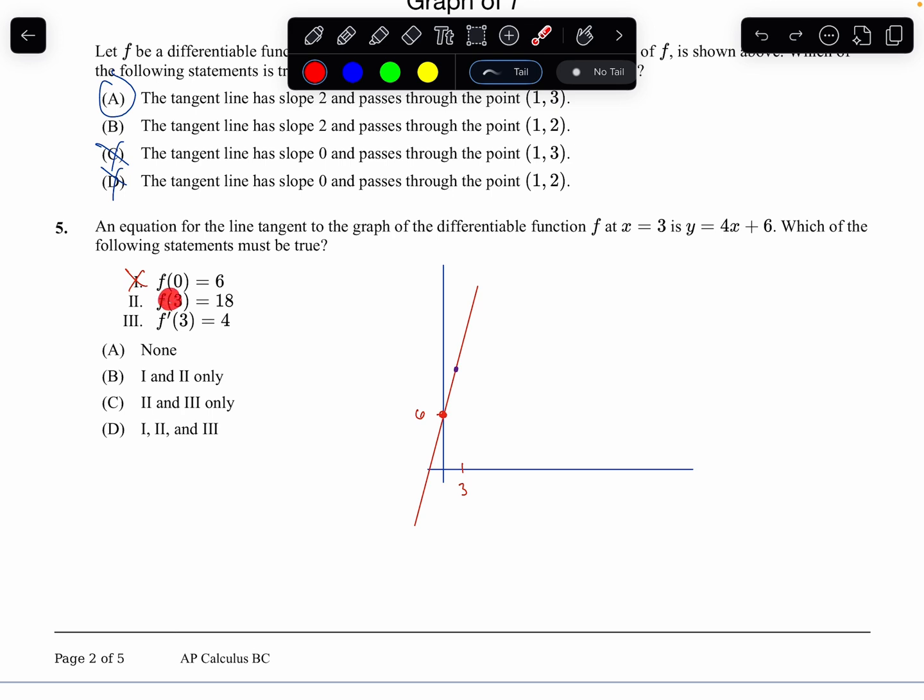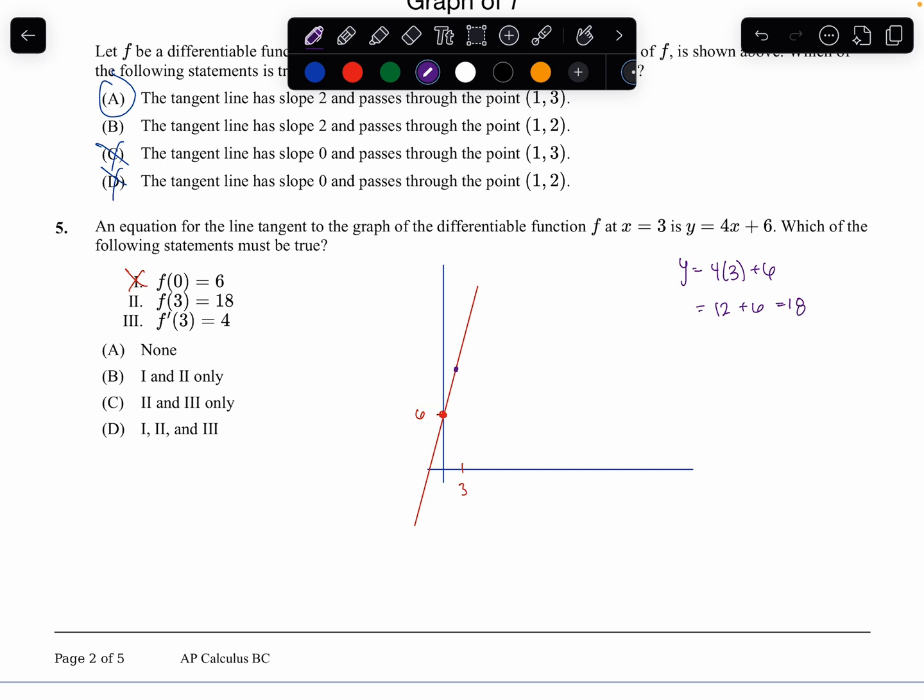f of 3 has to be equal to 18. So at x equals 3, it has to be equal to 18. Well, that depends. Let's look at this right here. If I plug in 3 here, I know that this isn't the function, but this is the tangent line. So if I plug in 3, I get 12 plus 6, which is equal to 18.